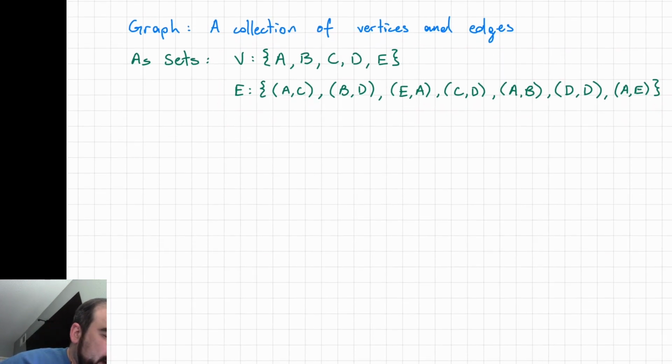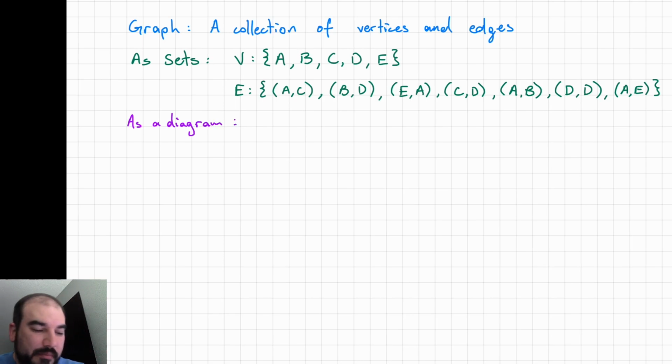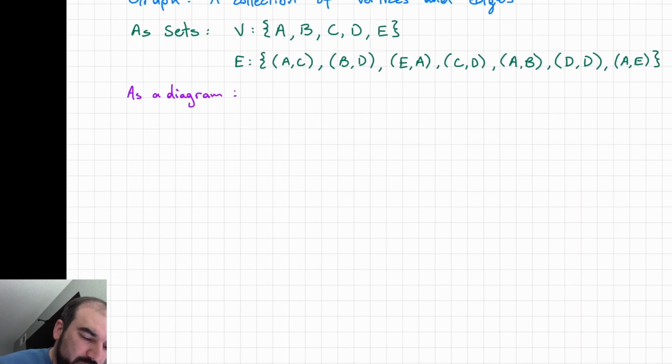Now we can take that set representation of a graph and convert it into a diagram. As a diagram, we can represent the same set as we've done in this example up here. We'll have to just make vertices and then connect them using the edge set that we're given here.